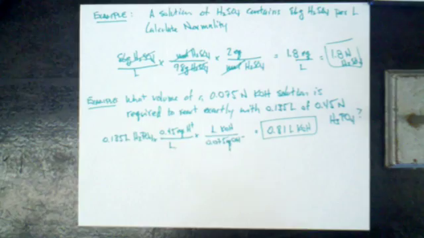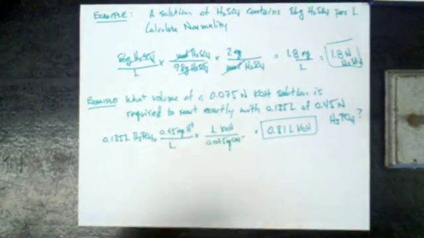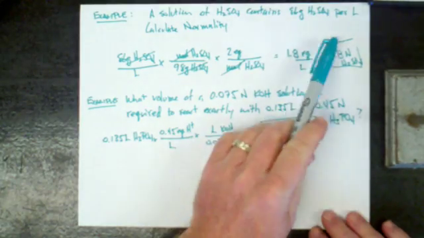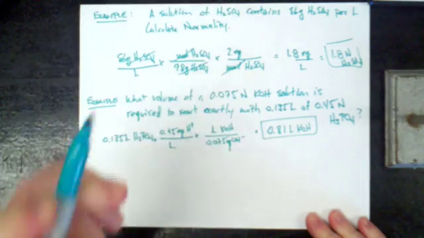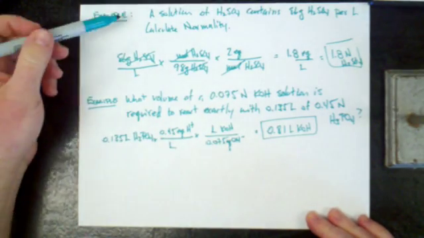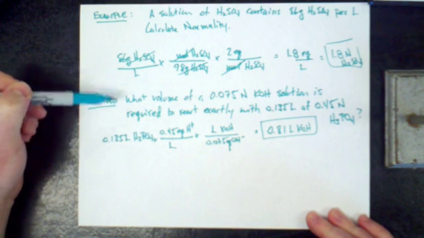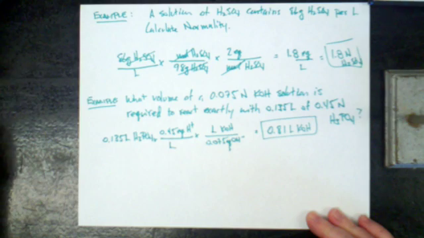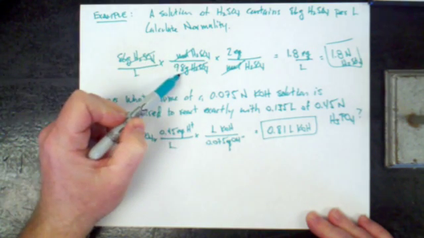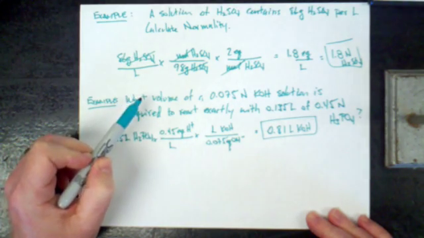How does all this work? For instance, let's say we've got a solution of sulfuric acid that contains 86 grams of sulfuric acid per liter. You want to calculate the normality. So we take our 86 grams of sulfuric acid per liter. Now, since we're working in grams, we've got to change it to moles. So I divide by the molar mass of sulfuric acid to get the number of moles of sulfuric acid.